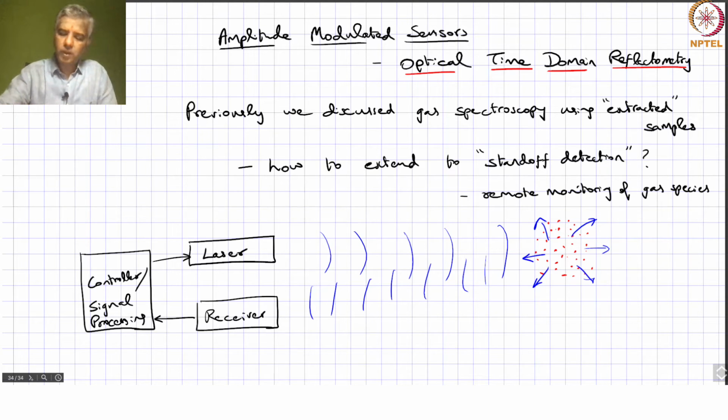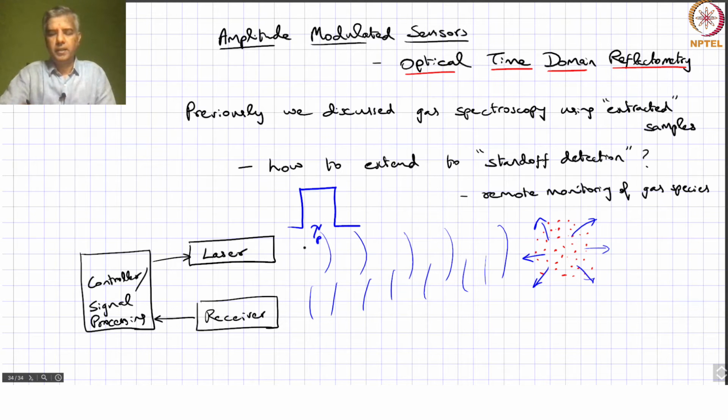Well, one nice way of doing that is by actually sending a pulse of light. Let's say a pulse, which extends for a time, say tau p.